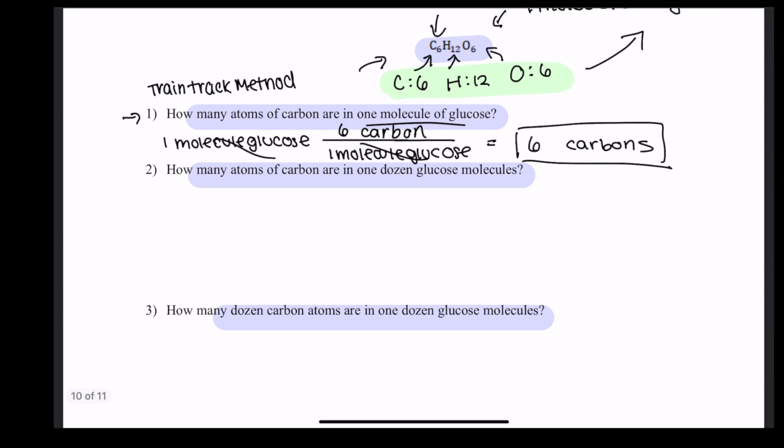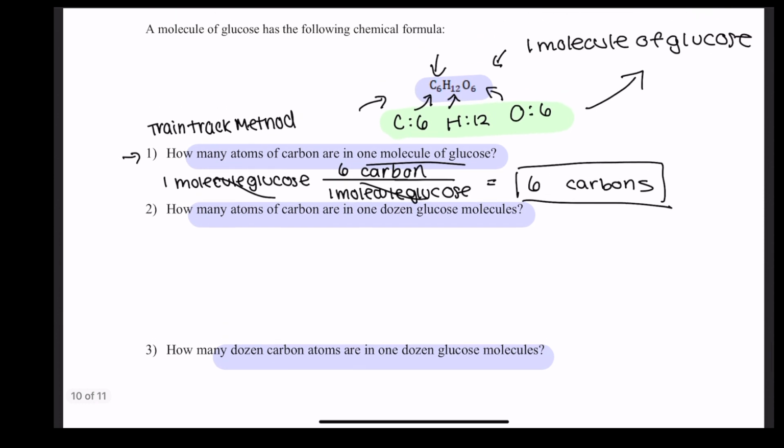Alrighty. Now let's move on to the second question. It says, how many atoms of carbon are there in 1 dozen glucose molecules? So, another train track method. We start off with 1 dozen, which is 12 glucose molecules.